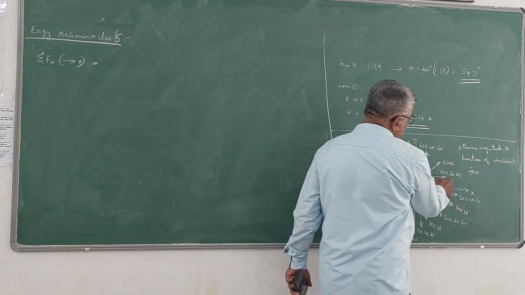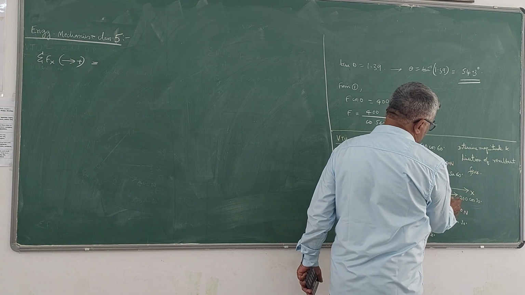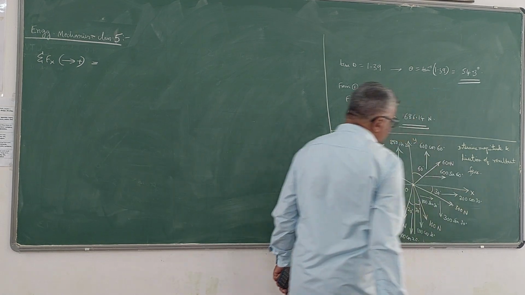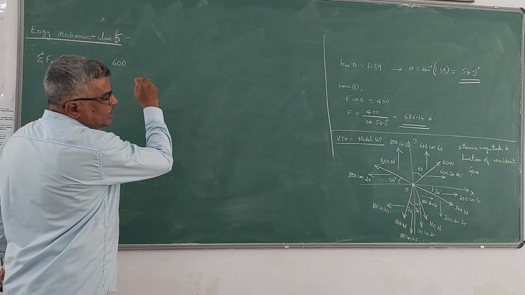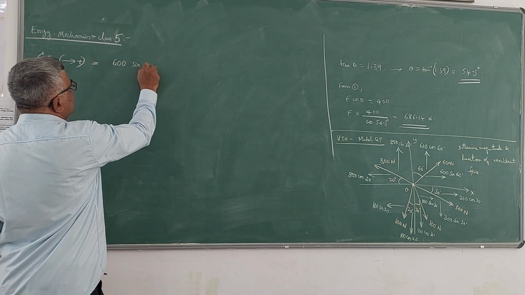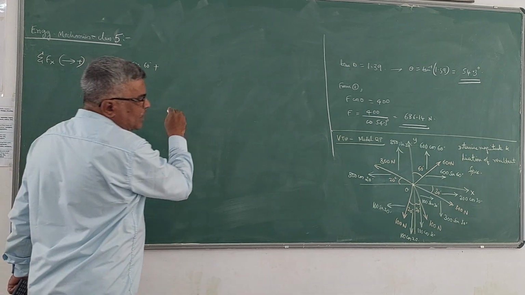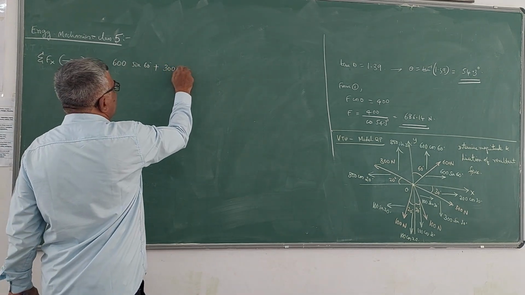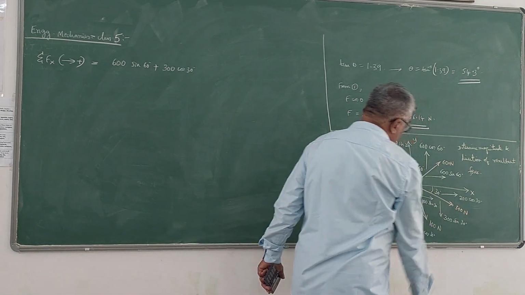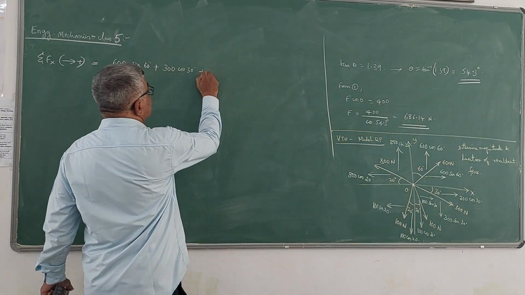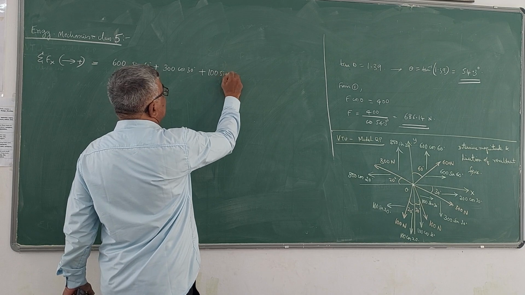This horizontal component 600 sin 60 is positive, 300 cos 30 is also positive. So 600 sin 60 plus 300 cos 30. Then coming to the third force, this is also positive, 100 sin 30, so it is plus 100 sin 30.